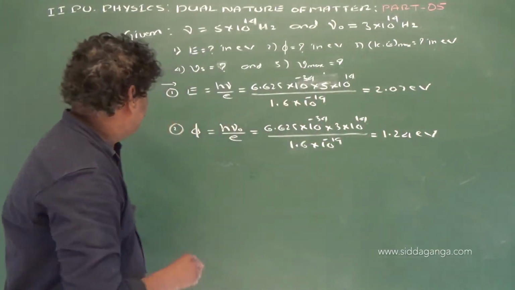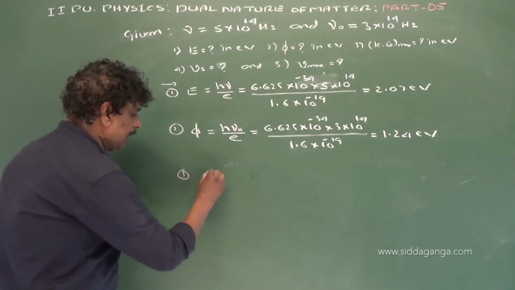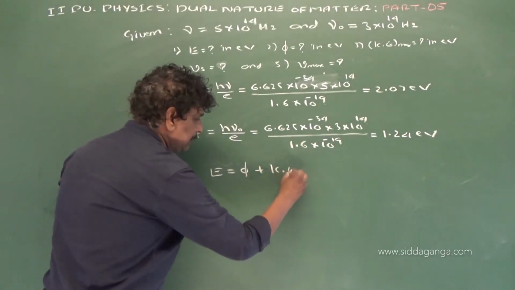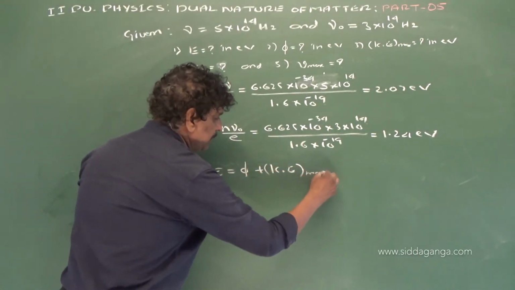Now the third one, we have energy E is equal to phi plus kinetic energy maximum.